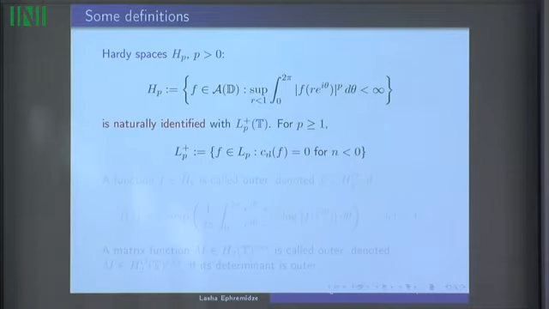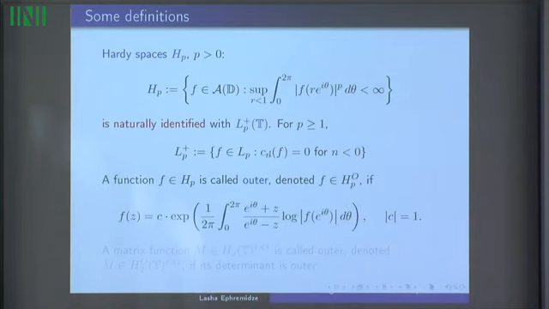This theory yesterday was very nicely explained by Evgeny Shargotsky, and I will not repeat it here. I will just concentrate on the fact that naturally we identify functions from Hardy spaces with their boundary values. When p is more than 1, this is natural, another characterization of these Hardy space functions.